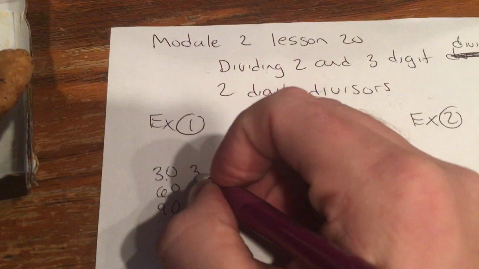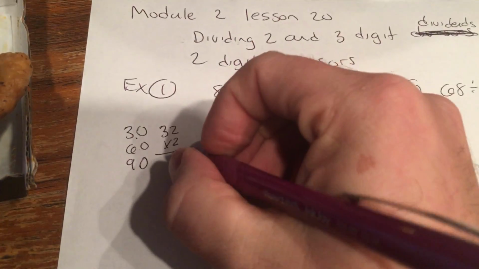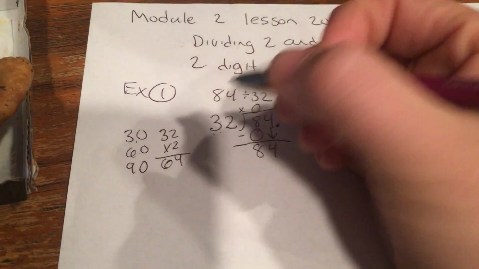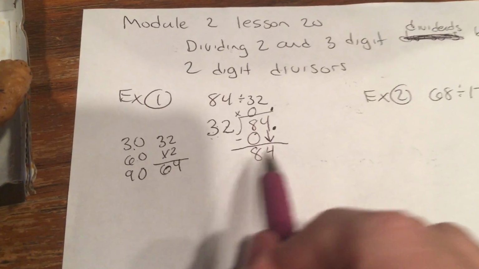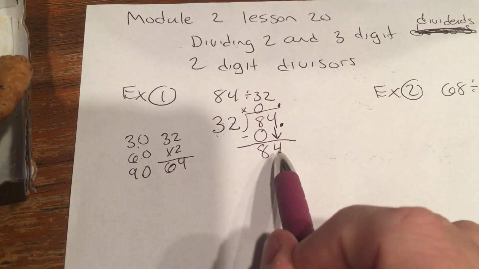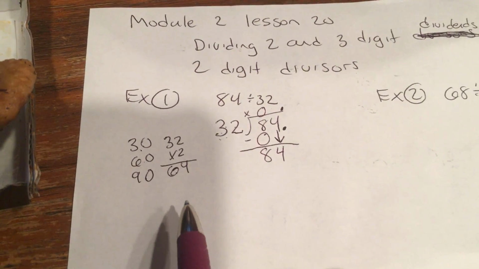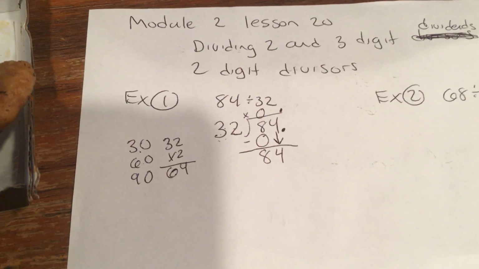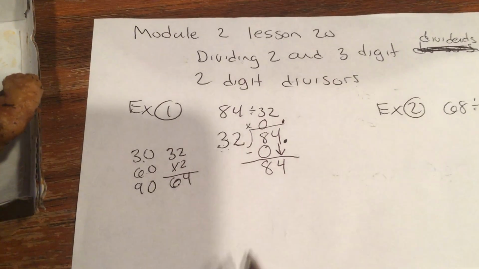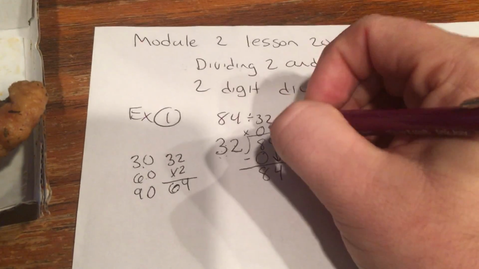So quickly set up the problem, 32 times 2, and solve it. 2 times 2 is 4, 2 times 3 is 6. If we look, 64 is definitely under 84. And we can't add 32 more to it because we'll go over our remainder. So 32 can go into 84 2 times.